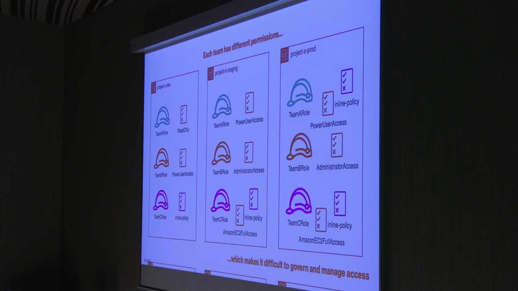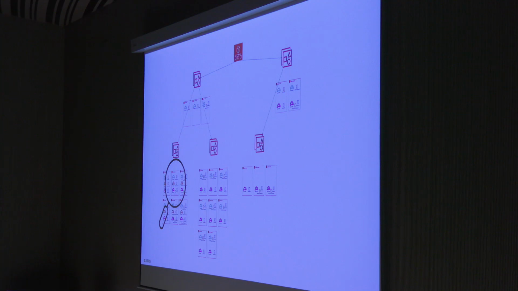Specifically, when it comes to the access model for engineers, maintaining different or custom permission sets per team, especially if we do it manually, gets really complex to maintain and govern. And as our organization scales, it's also really hard to keep track of who has access to what.